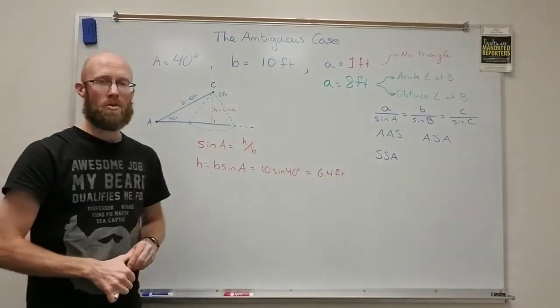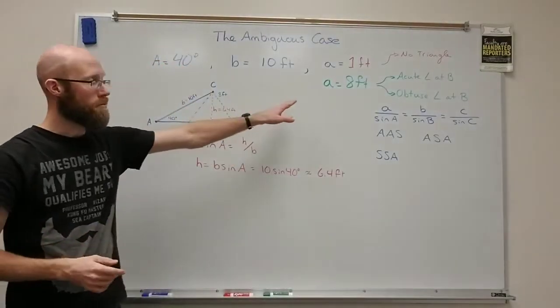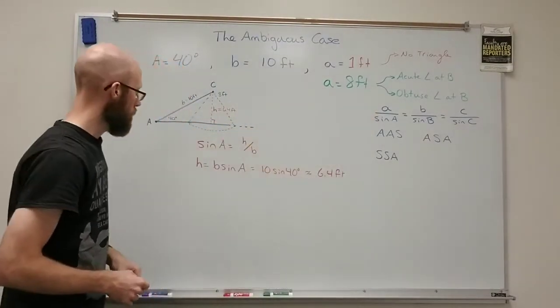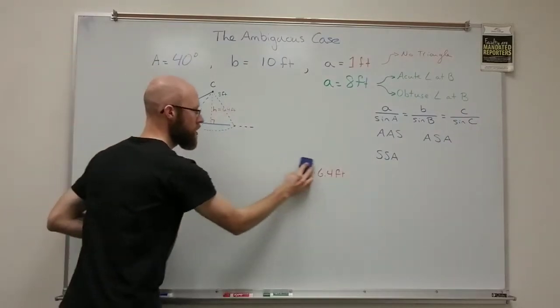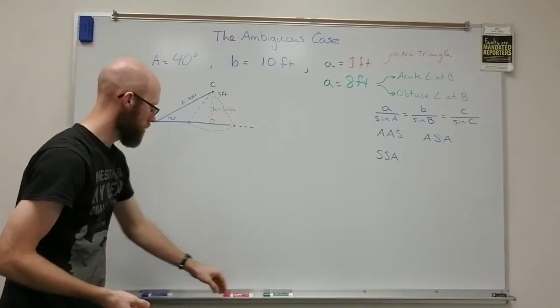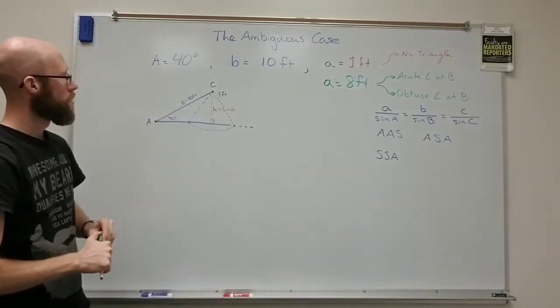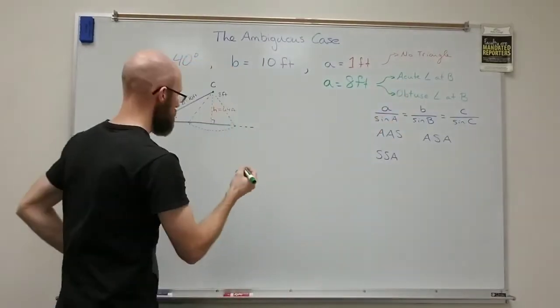Okay, so let's go through and try to work this out at 8 feet. Okay, well, let's get rid of some of this information. That's good. So let's go with the acute angle first, just because I listed it first.